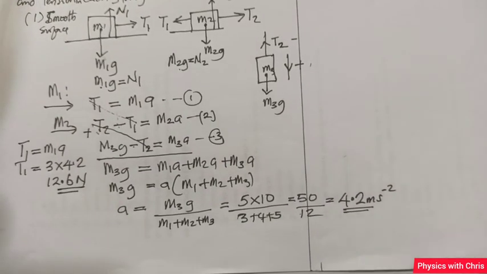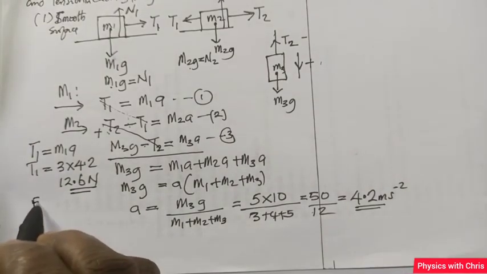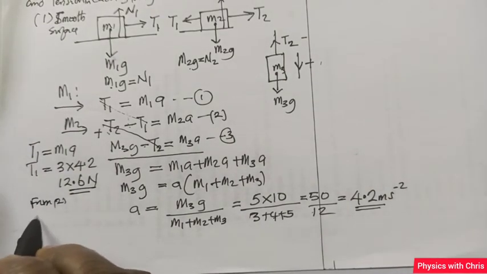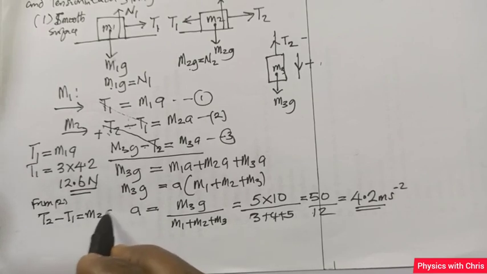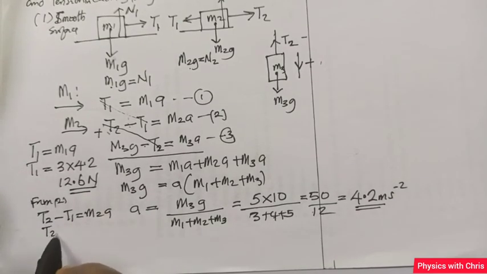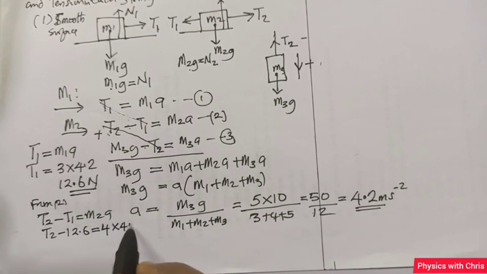Okay, I can also find the tension in the second string, that is T2. I can use equation 2 to achieve that. From equation 2, I have T2 minus T1 equals M2A. My T2 minus T1, which is 12.6, equals this is 4, times 4.2.